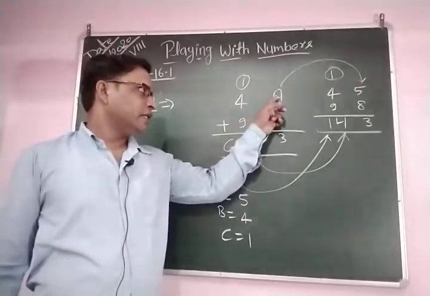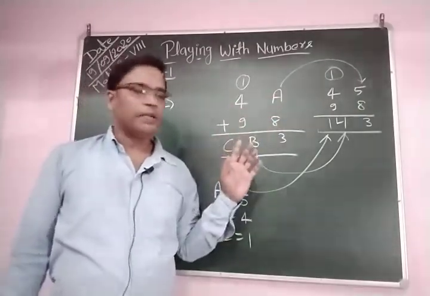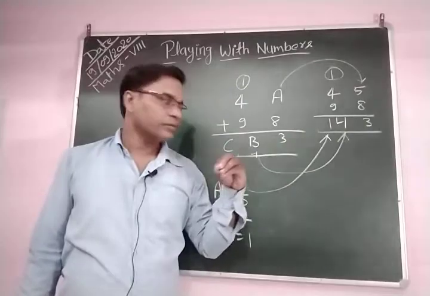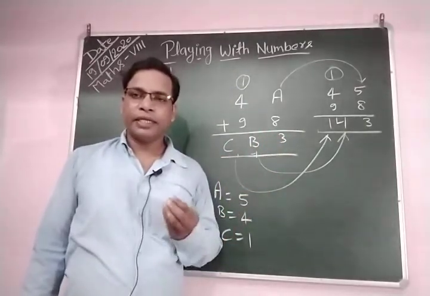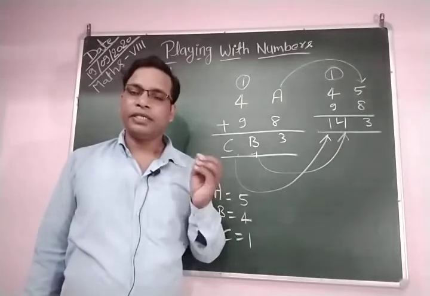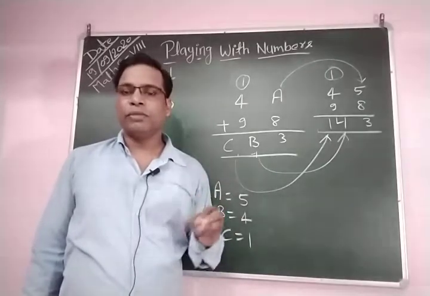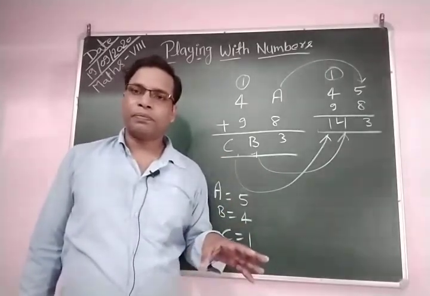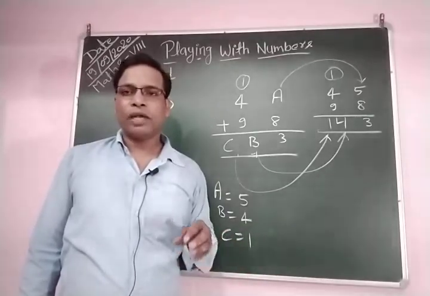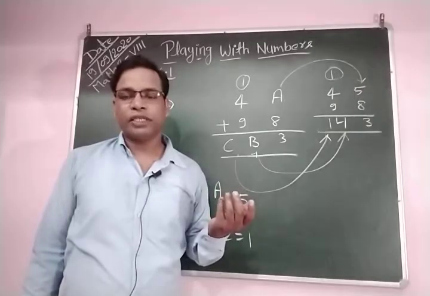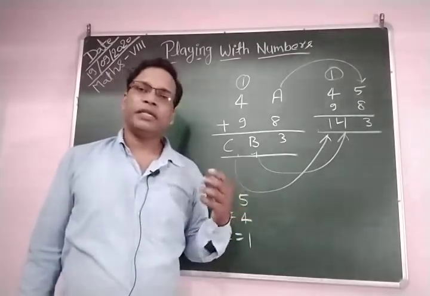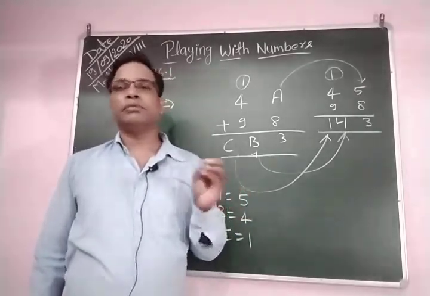Here A plus 8 is equal to 3 here. But we know that 8 is greater than 3. If you suppose any digit, say 0, and add 0 to 8, then we obtain 8, and 8 is always greater than 3. So how is it possible that if any digit you add to 8, it becomes 3?